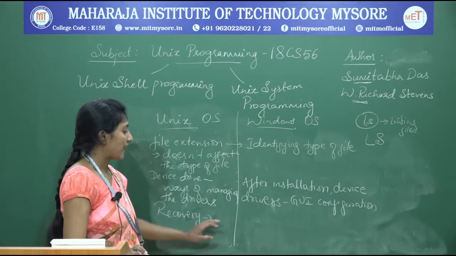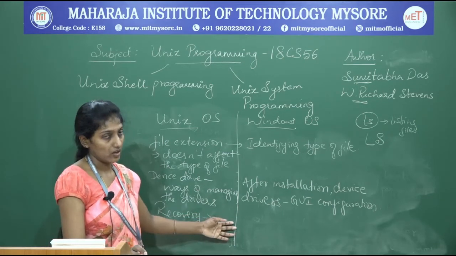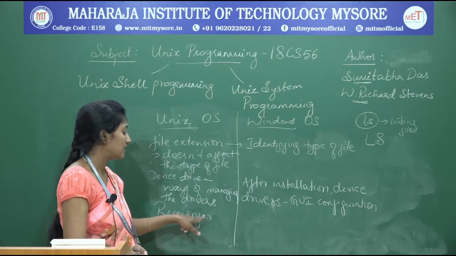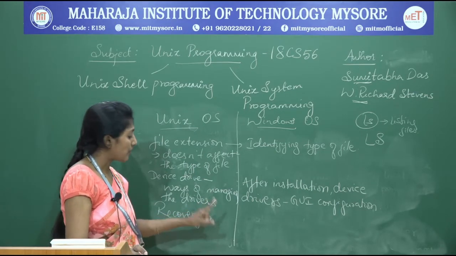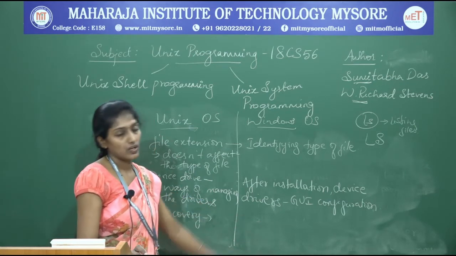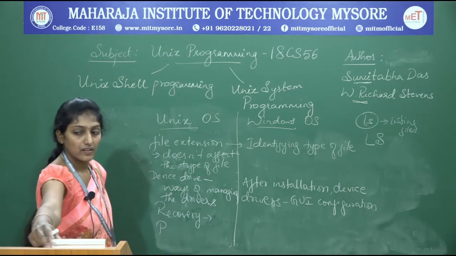Even though we have a trash, a few files might not get recovered at all. The data removed from the OS will not get recovered when compared to Windows. Next is processing.